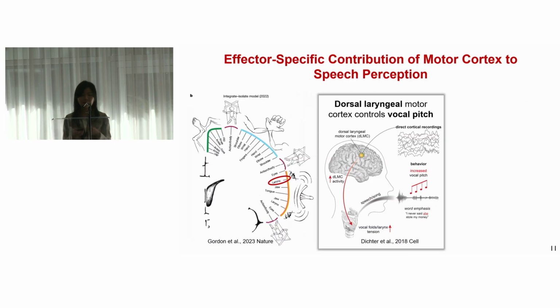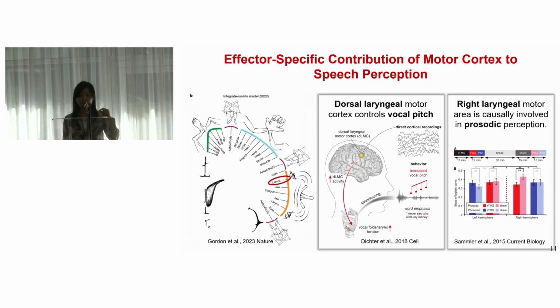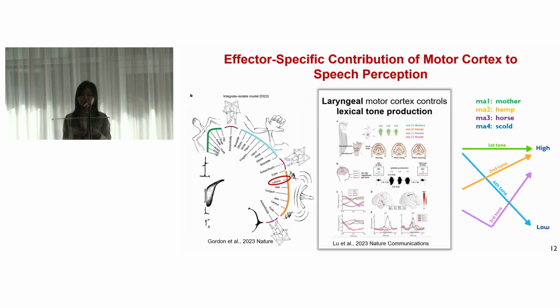Similarly, the laryngeal motor cortex contributes to controlling our vocal pitch when we speak or sing. When we inhibit the right laryngeal motor cortex, it impairs the perception of prosody. We also know those areas control lexical tone production.